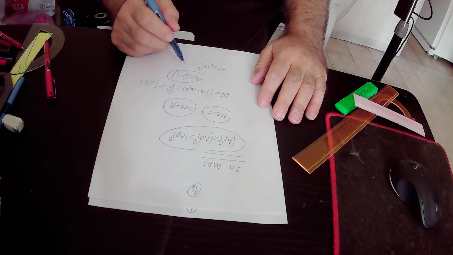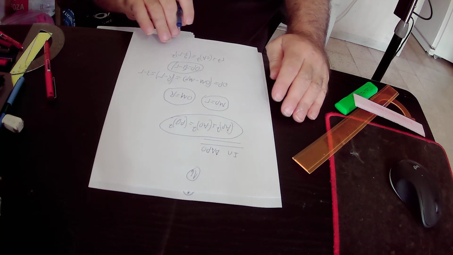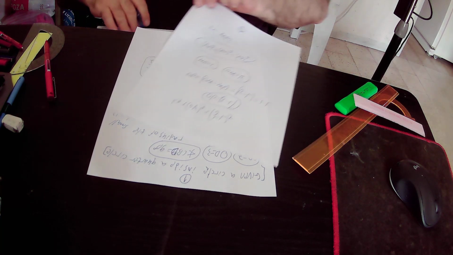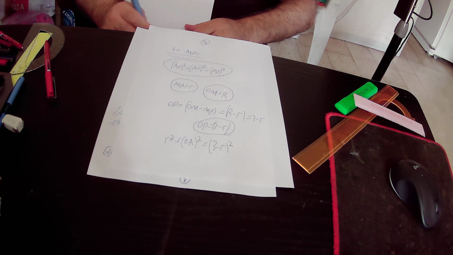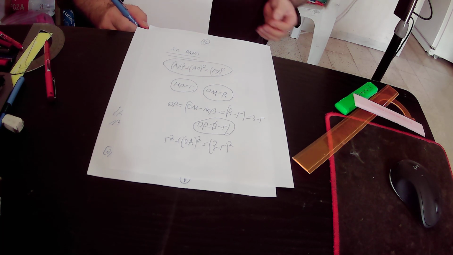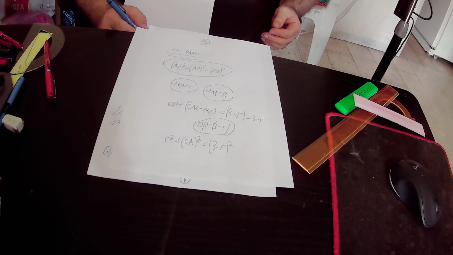OP equals 3 minus r, so OP square will be equal to (3 minus r) square. So we have this equality: r square plus OA square equals (3 minus r) square.